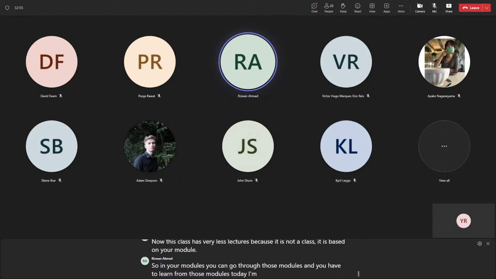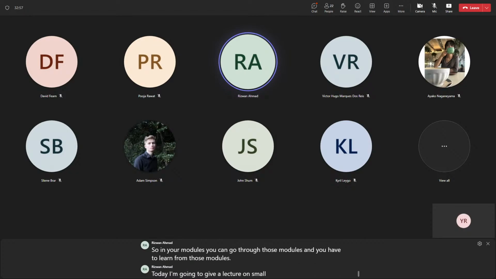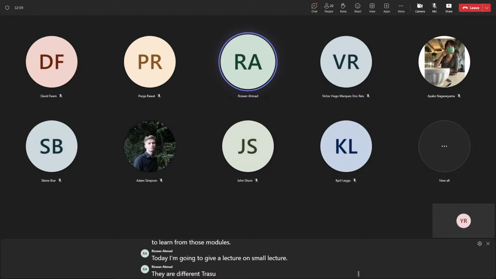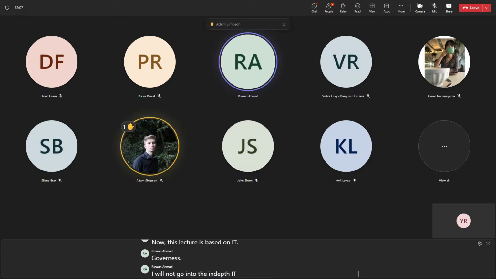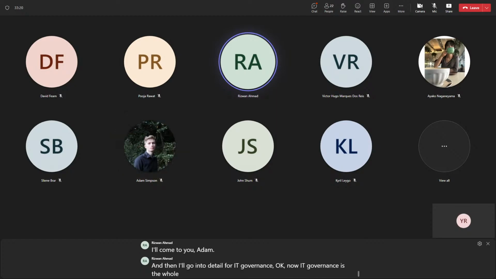Today, I'm going to give a small lecture. They are different transformation lectures. Now, this lecture is based on IT governance. I will not go into in-depth IT governance. First, I'll make a base background for you. Then I'll come to you, Adam, and then I'll go into detail on IT governance. IT governance is the whole standard that we work on, that is 38500.